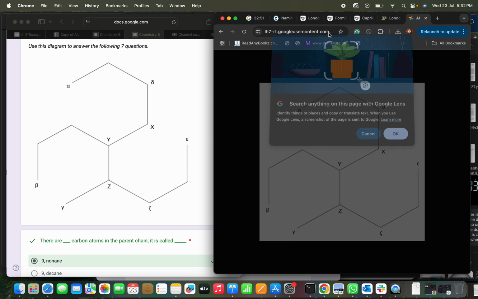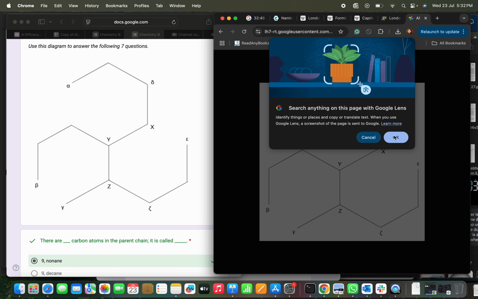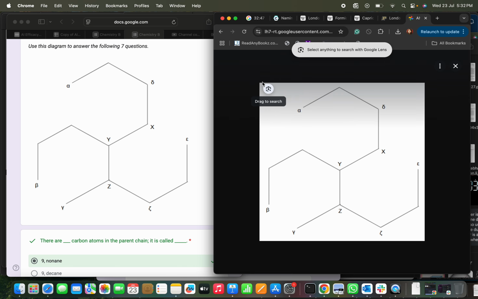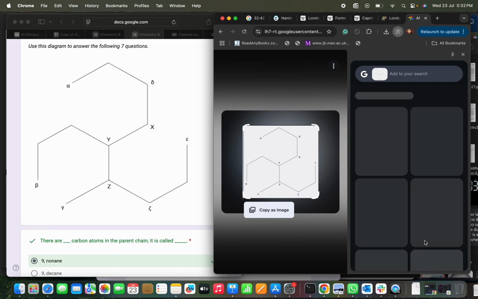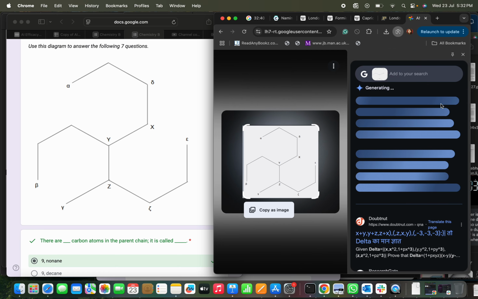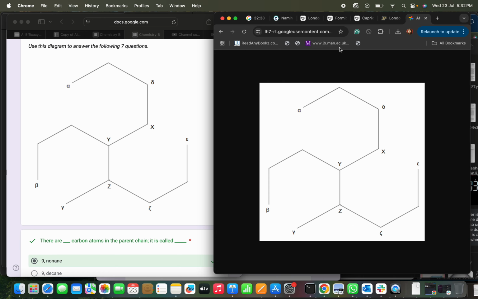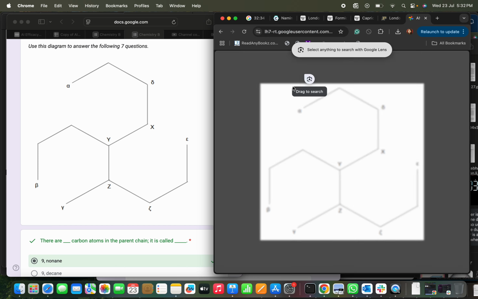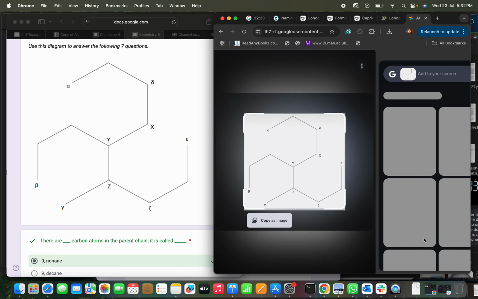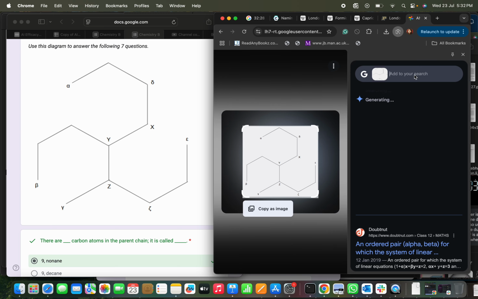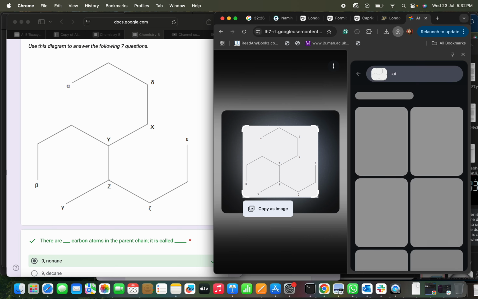Is there a way not to get through the Google AI? Let's use minus AI.